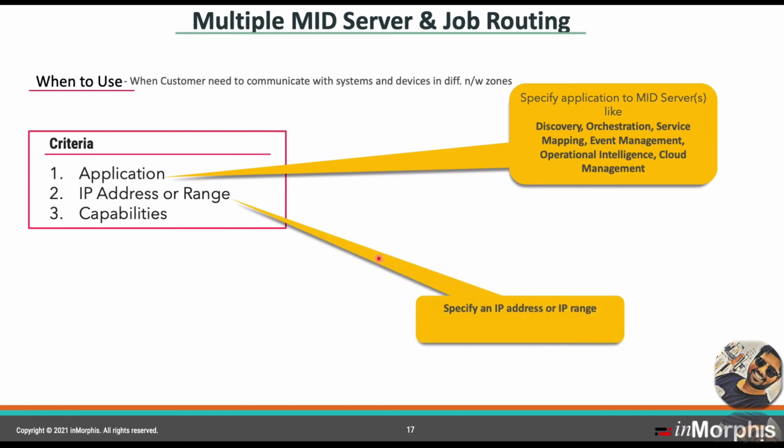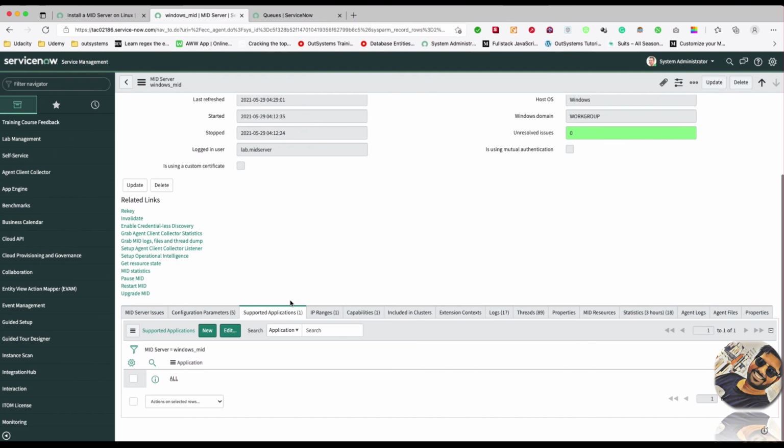Another is IP address and range. You can have your mid server assigned to a particular IP address, and when you are doing any work on that IP address, only that mid server will be taken up. You need to do that in your IP ranges.